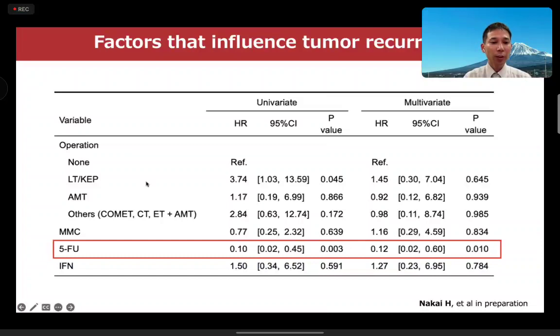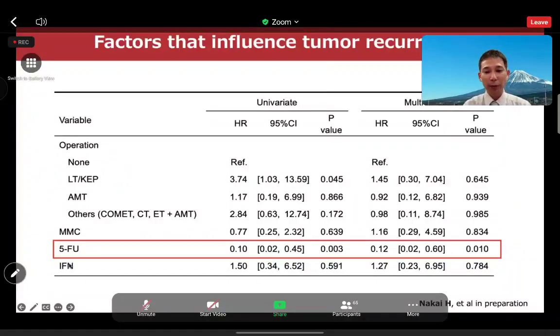And then we also check the surgical treatment, like operation, and then also MMC treatment at the time of surgery, and also the post-operative 5-FU treatment or interferon treatment. And then what was found here is that 5-FU treatment was significantly the factor that reduced the tumor recurrence.